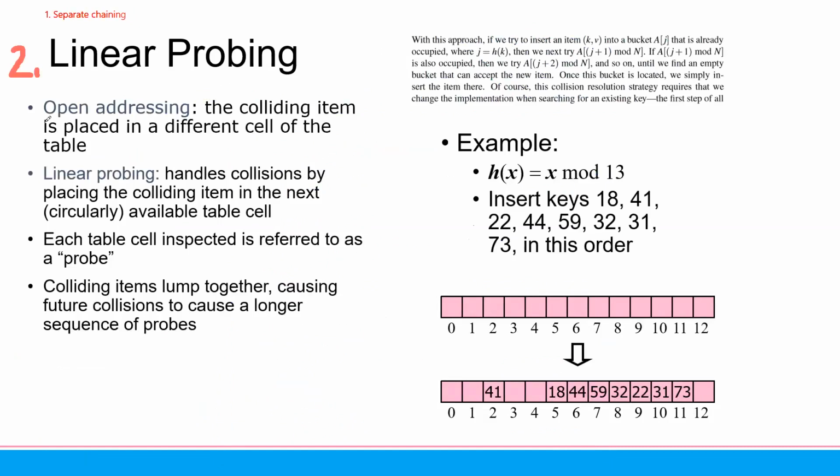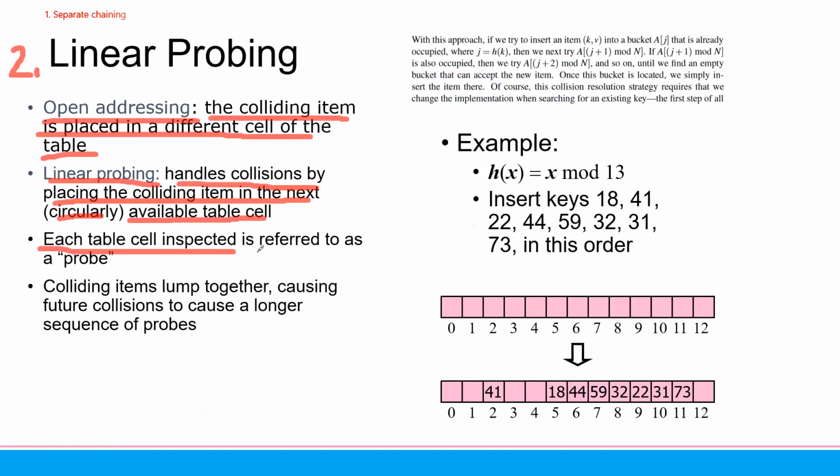Linear probing, or open addressing, places the colliding item in a different cell of the table. Linear probing handles collision by placing the colliding item in the next, or circularly available, table cell.